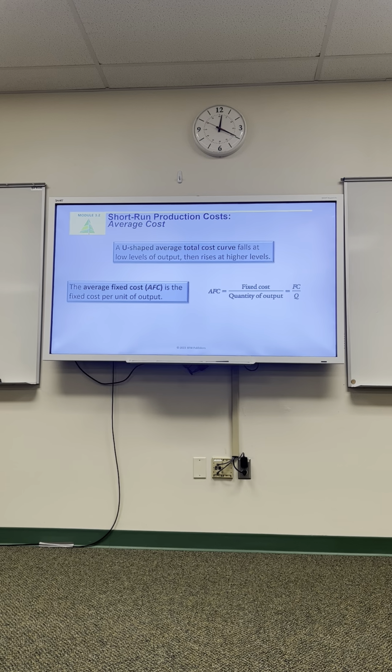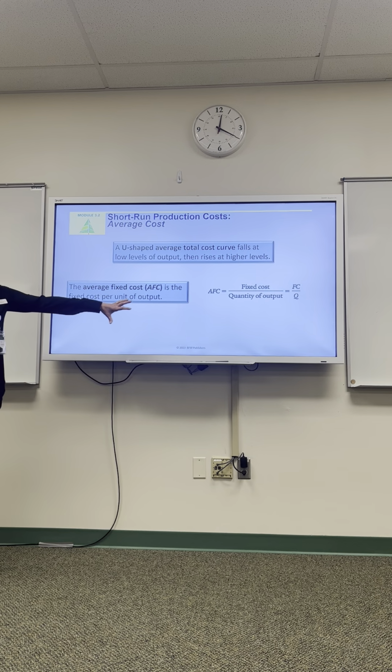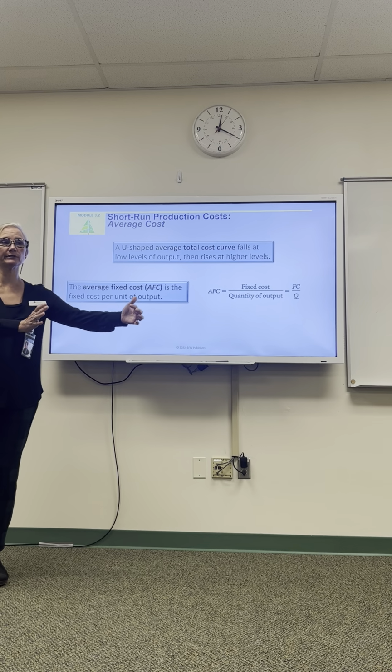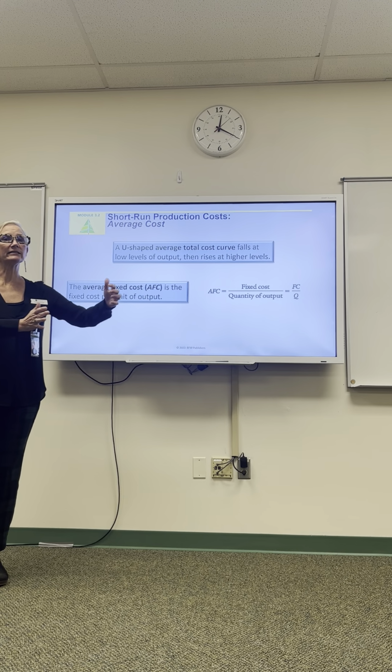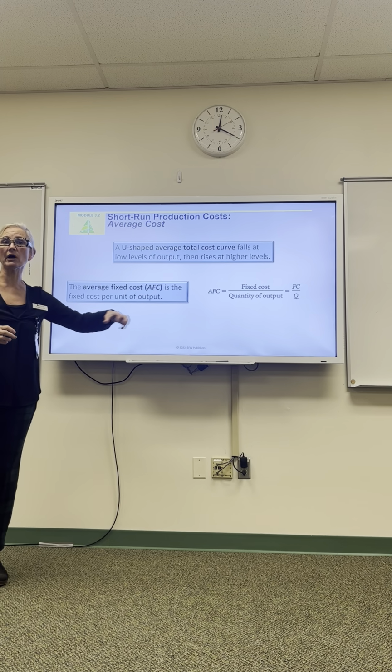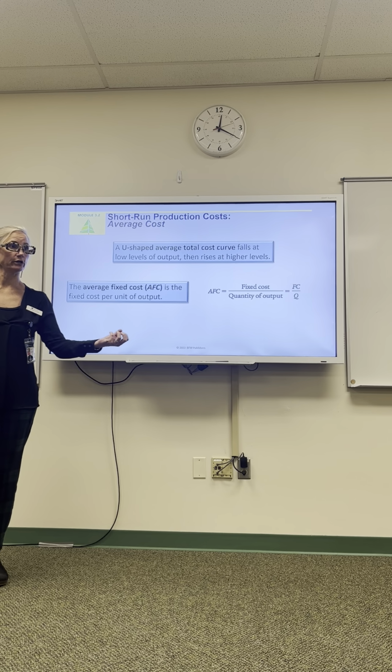And we looked at that table before that had from 0 to 12, 10 cases of salsa, and that 108 just stayed the same all the way down, right? As you spread out the fixed costs over larger and larger numbers of output, it's making the average fixed cost become smaller and smaller, okay?